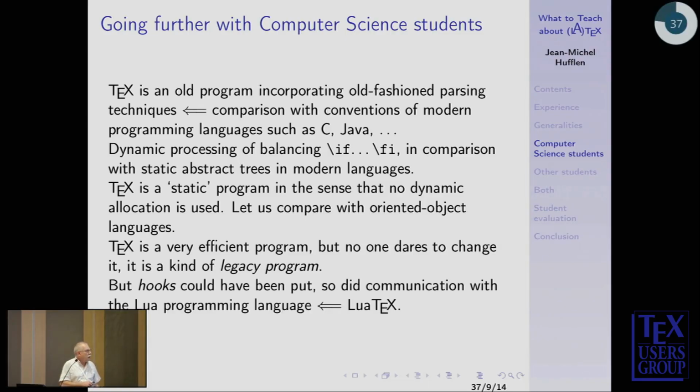So hooks could have been put as another example, communication with another language or a tool. That's also a good thing for them because given the curriculum, in first year or second one, that is the first time for the students to meet a couple of languages, that is Lua and TeX.